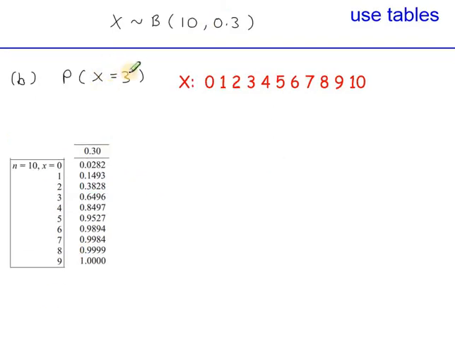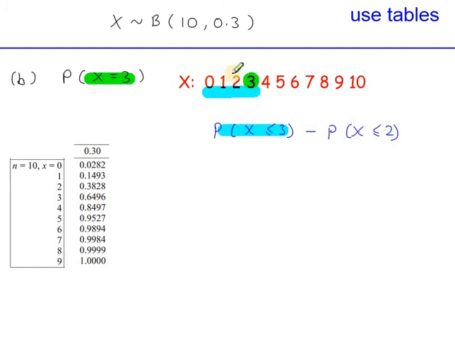Part B, P(X = 3). So for X equals 3, we're just looking for this probability. We need to work out the probability that X is less than or equal to 3, and then minus the probability that X is less than or equal to 2. So less than or equal to 3 will give us all of these.